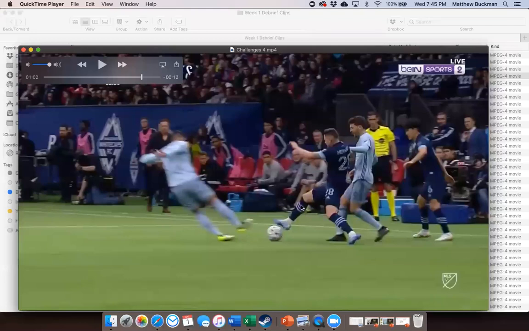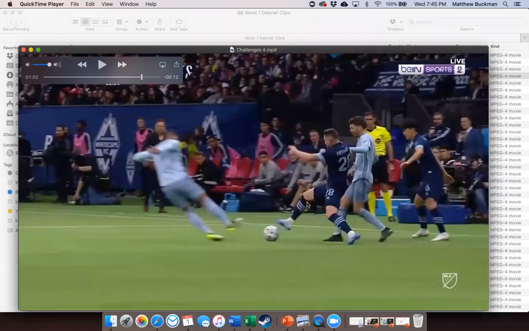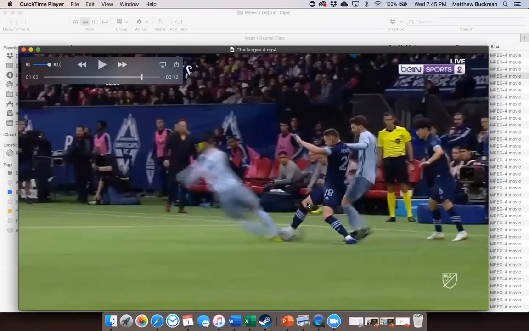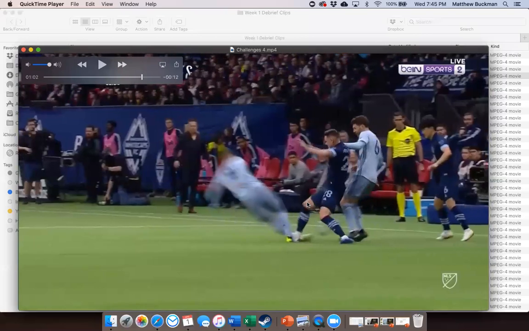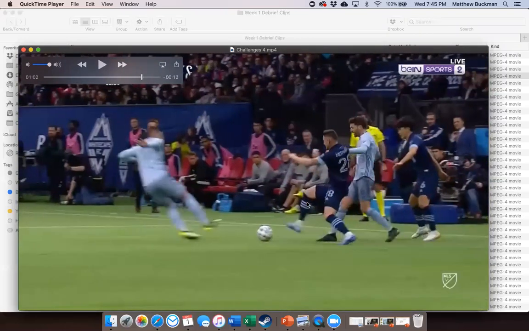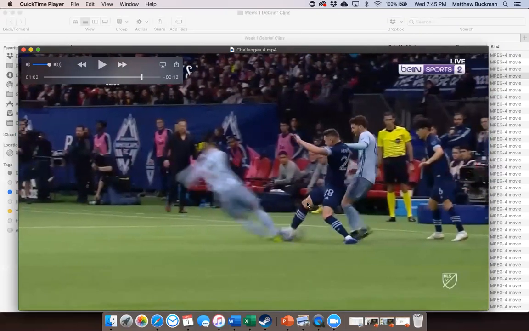This kind of reach over the top of the ball is not a normal way to try to get to that ball. Putting your leg in front of it, sliding to get in front of it, those are all normal things. But reaching with your foot this high up to try to come down on top of the ball is not a normal play. That's a player who knows he's not going to get there, doesn't actually get anywhere close.